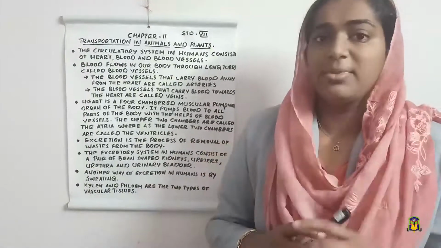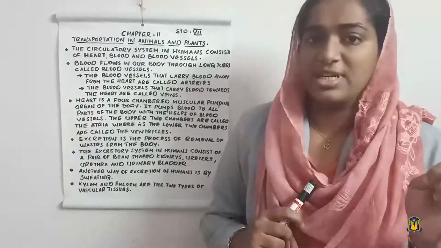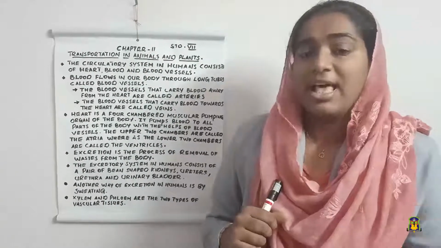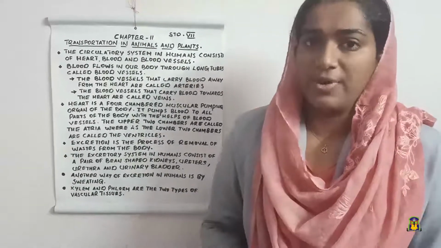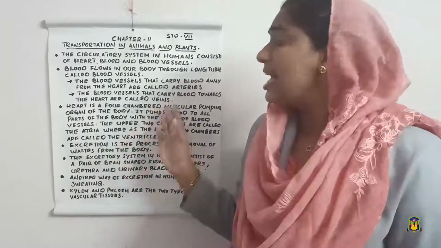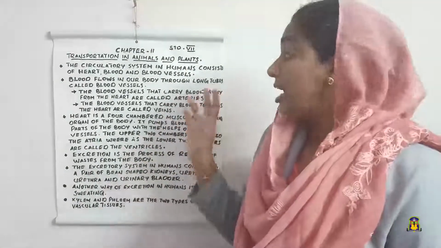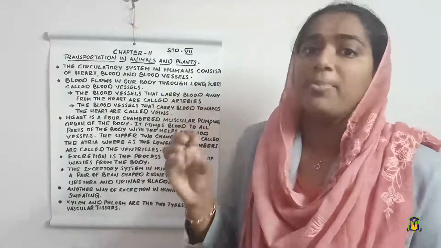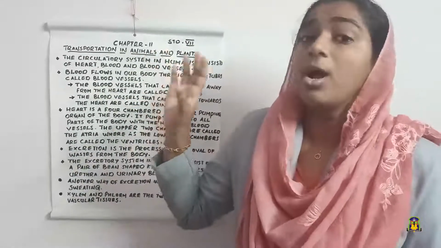The upper chambers are the left and right atrium. The lower chambers are the left ventricle and right ventricle. With the help of these chambers and the blood vessels, the heart pumps blood to all parts of our body.